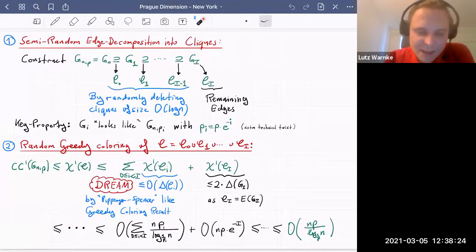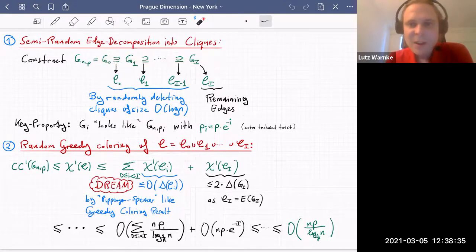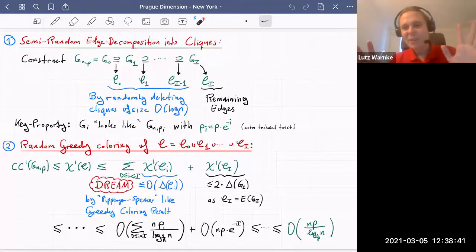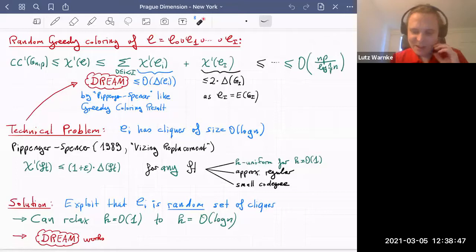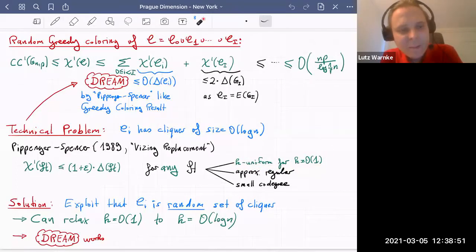That comes from the fact that we do this random construction. Each time we take out a random collection of cliques, and I promised you that when we do this sparsification step, we stay pseudo-random. So if you take out random cliques from something that looks pseudo-random, then just take my word for it, it will also have lots of nice pseudo-random properties. We're using randomness everywhere, so that should be fine. So the main obstacle here is this k-uniformity assumption.